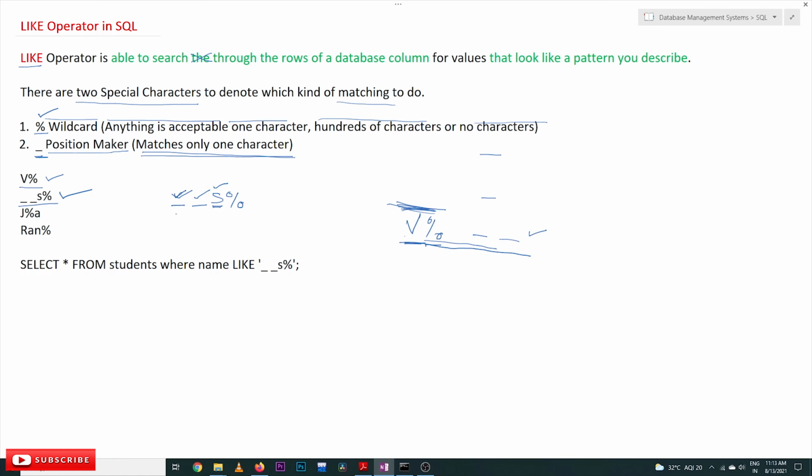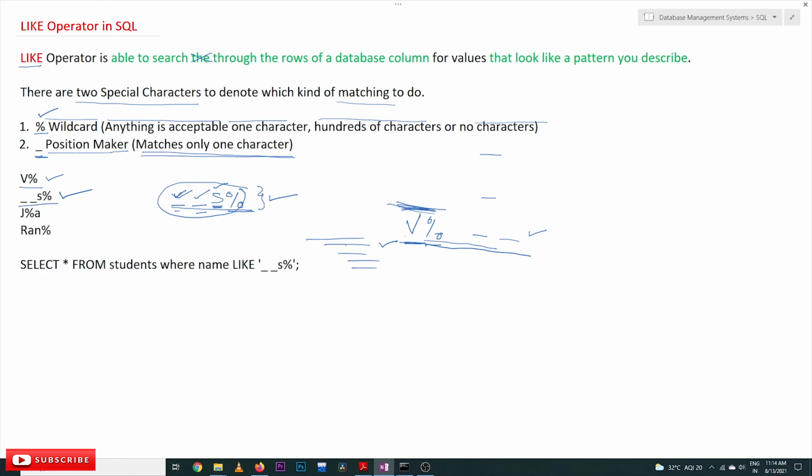So two characters will get matched, and after that a lowercase s, and after that any characters will get matched. So the third character should be s if any such matching is there. This is what we call pattern matching. This is the pattern, and if any matching happens with this pattern, then all those rows will be accepted.